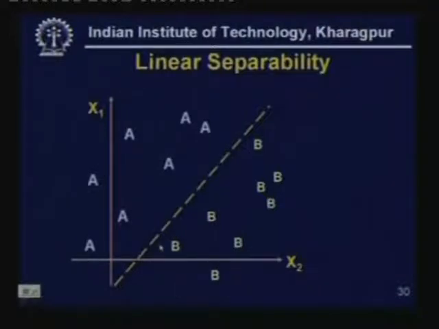What if we have more than two input features? In that case, if we have n input features and if we can have an n minus 1 dimensional hyperplane that separates the two classes, then also we will say that the function is linearly separable.